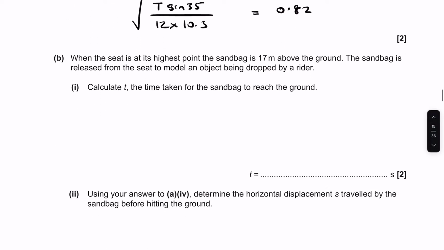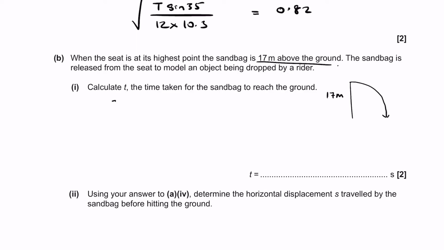Part B. When the seat is attached at its highest point, the sandbag is 17 meters above the ground. It is released from the seat to model an object being dropped by a rider. Calculate the time it takes to reach the ground. So it's basically horizontal projection, as the sandbag is going around in a horizontal circle. It travels a distance of 17 meters downwards.